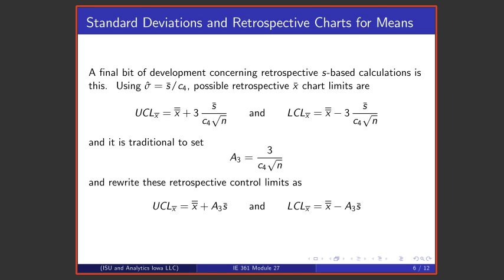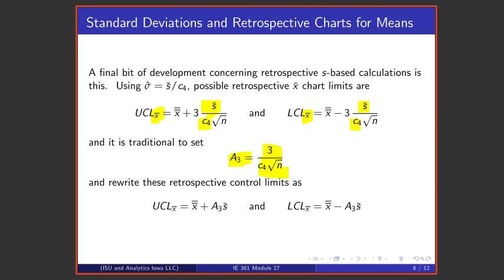As one final bit of development regarding retrospective S calculations, if one takes this S bar over little c4 and uses that to estimate sigma, making a retrospective chart now not for S but rather for sample averages, a retrospective X bar chart, one might call the ratio of 3 to little c4 over root n by a name and invent another control chart constant.